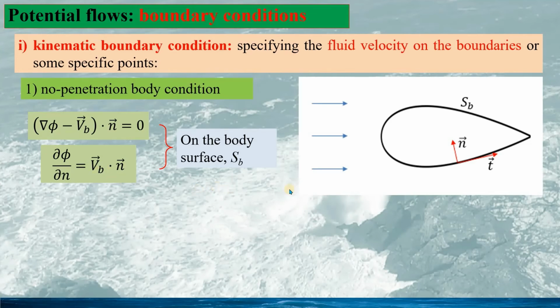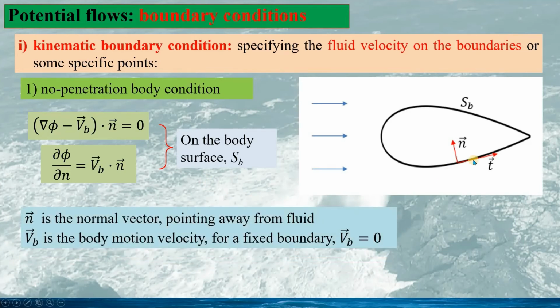That means there is no fluid penetrating into or leaving the boundaries in the normal direction. Here, n is the normal vector pointing away from the fluid, and the vector Vb is the body motion velocity. If the structure is fixed, then the body motion Vb would be 0, given as this.